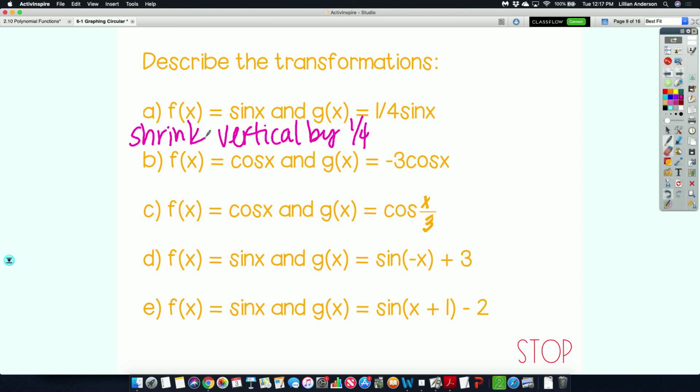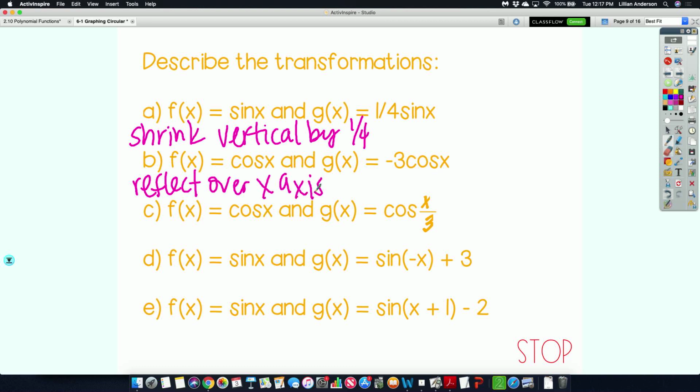Look at B. You have f of x equals cosine x and g of x equals -3 cosine x. Flip over the axis. So it's going to reflect over which one? X-axis. Reflect over x-axis.